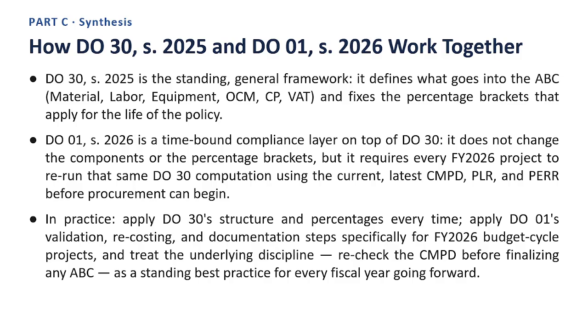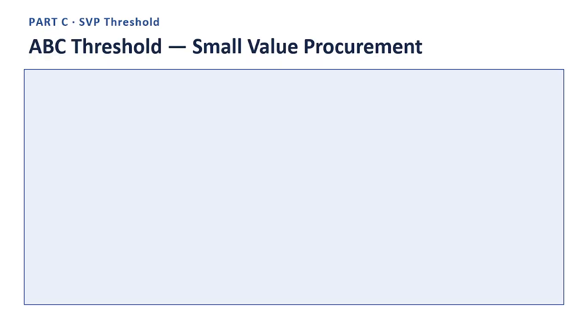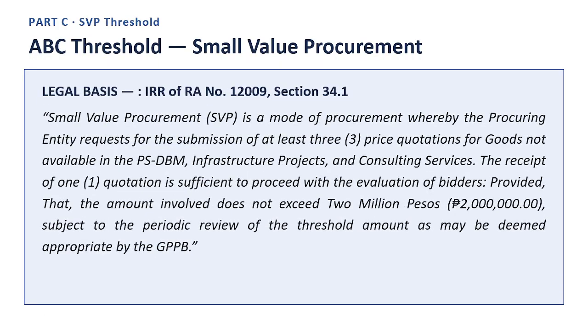Next slide. ABC Threshold, Small Value Procurement. Here is the legal basis, quoting directly from the Implementing Rules and Regulations of Republic Act No. 12009, Section 34.1. Quote. Small Value Procurement, SVP, is a mode of procurement whereby the procuring entity requests for the submission of at least 3 price quotations for goods not available in the PSDBM, infrastructure projects, and consulting services.